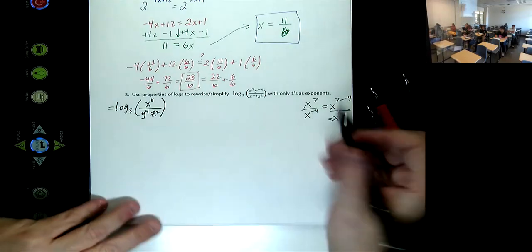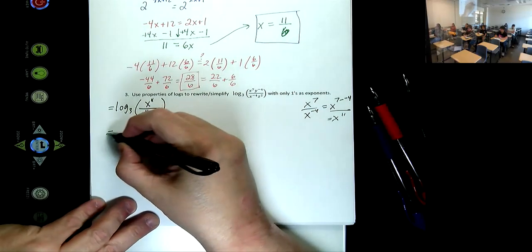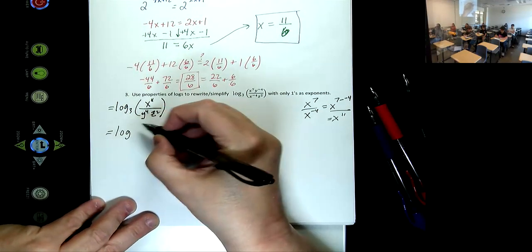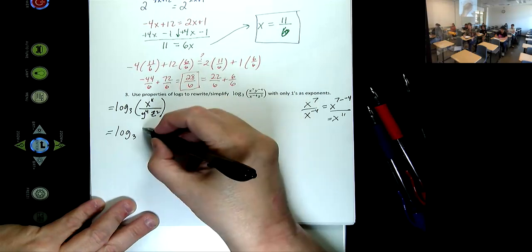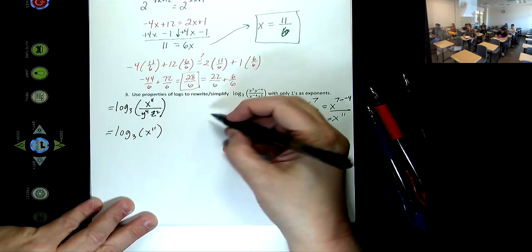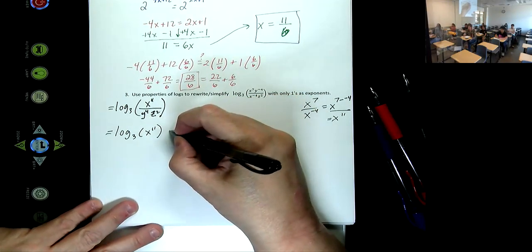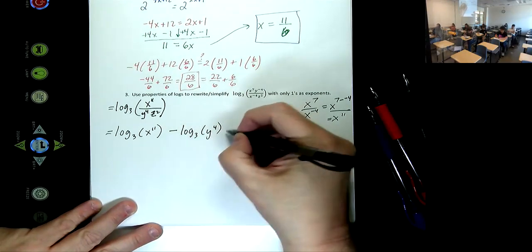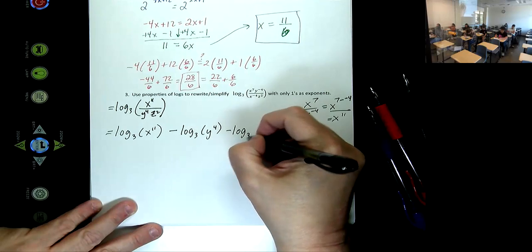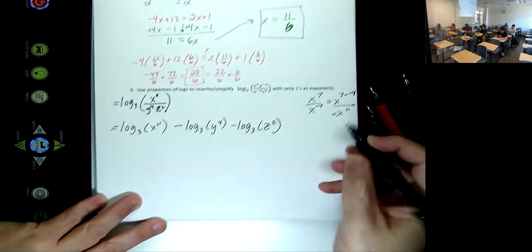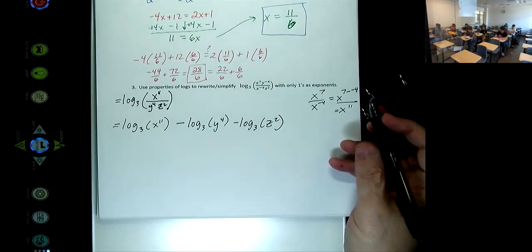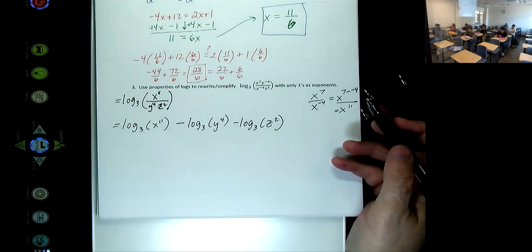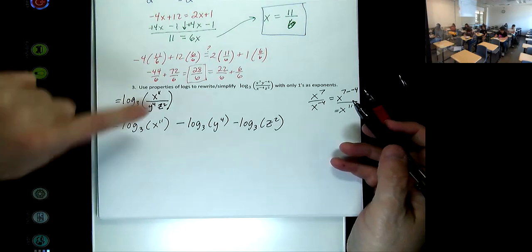So one of the properties of logs was things that are divided become things that are subtracted. I'm dividing by y to the 4th and I'm dividing by z squared.